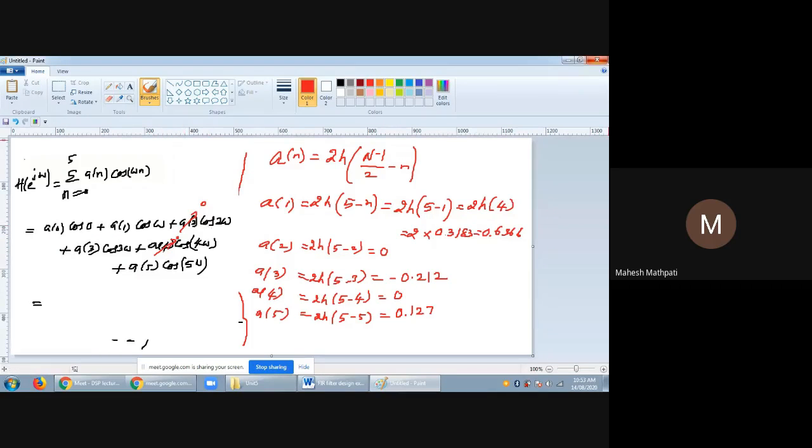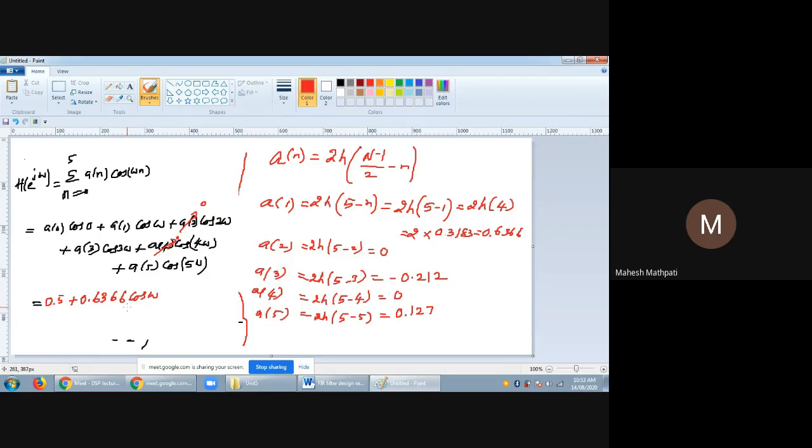Let us write now. We know cos 0 is 1. What is the a of 0 value? 0.5. And cos 0 is 1. And what about a of 1? Plus, we have a of 1 is 0.6366. The calculation is a bit lengthy, but you have to do it carefully.